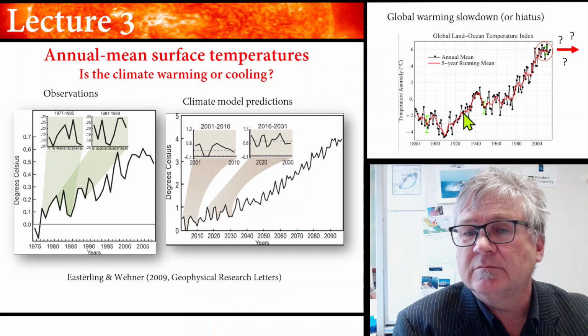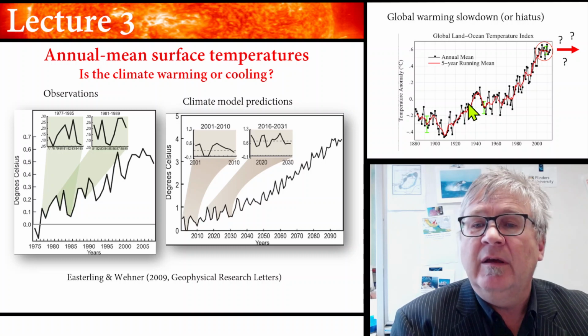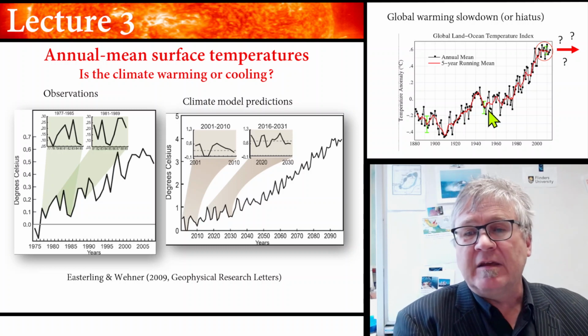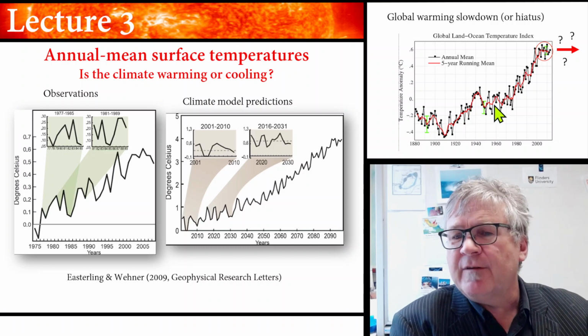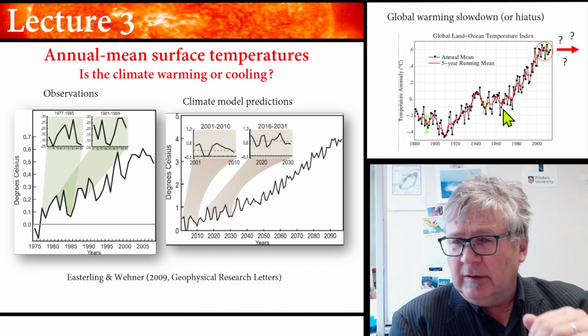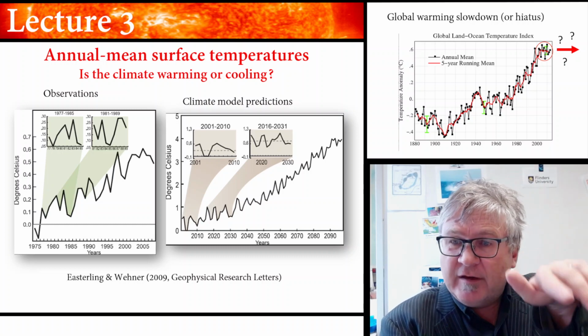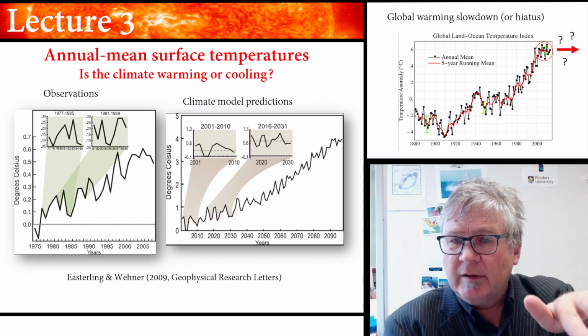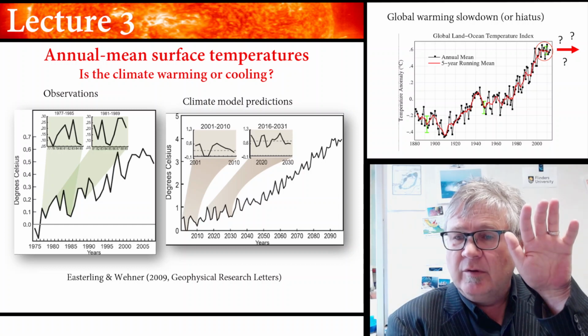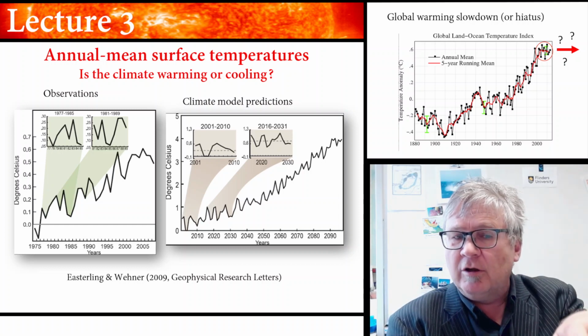annual means, these dots, and a 5-year running mean. So what is a 5-year running mean? You use 5 years of data, work out the mean value and plot it in the center.